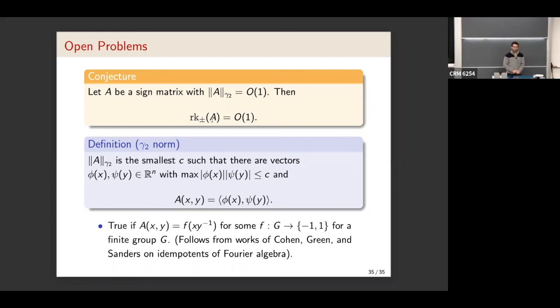Yeah, so if you tensor two matrices, their sign rank multiplies. Oh, so then you can bound it. Yeah, I see what you're saying. It's at most a product, not exact. It might drop probably. Will it drop all the way down? Yeah, I don't know. Actually, I haven't thought about it. Okay. Thanks. Yeah, thank you.